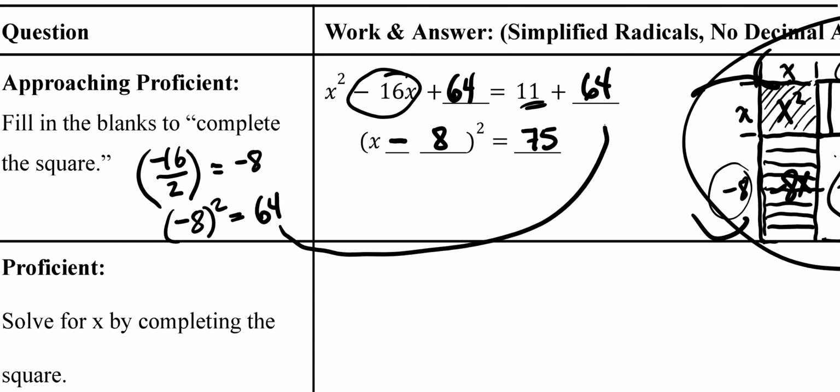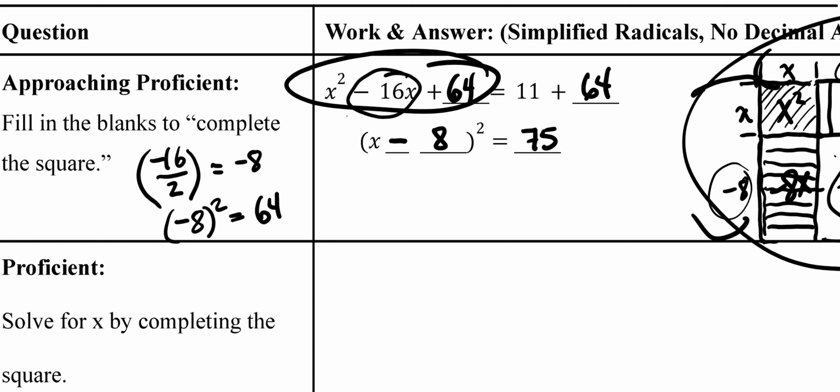And so that's where this comes from. It comes from taking half of the b value and squaring it. And that's what gives you the perfect square. The perfect square trinomial, which factors to the square of this binomial x minus 8. And that's the first part.